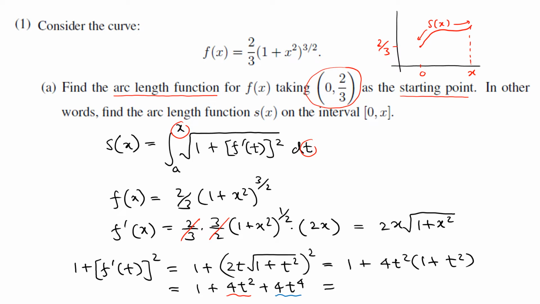That means this is simply going to be a square. So that's what we notice: this is simply 1 plus 2t squared, whole thing squared. That is the important observation.